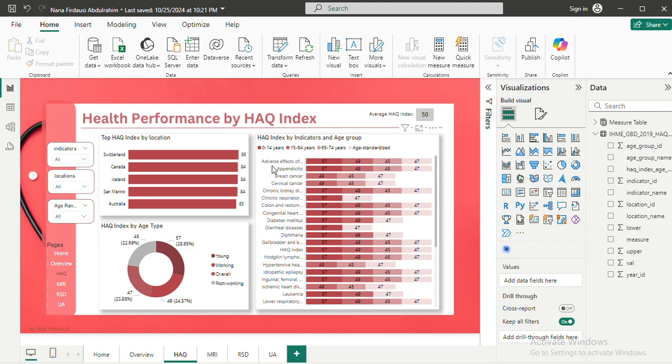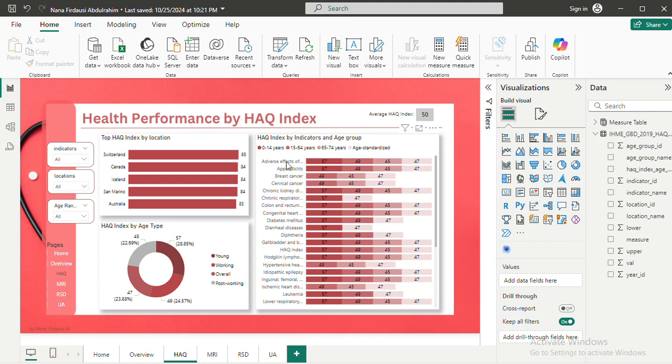And here I was comparing the diseases and the age group to the HAQ index. We're comparing the diseases and which age group has healthcare access to treat these diseases, like has the highest healthcare access.